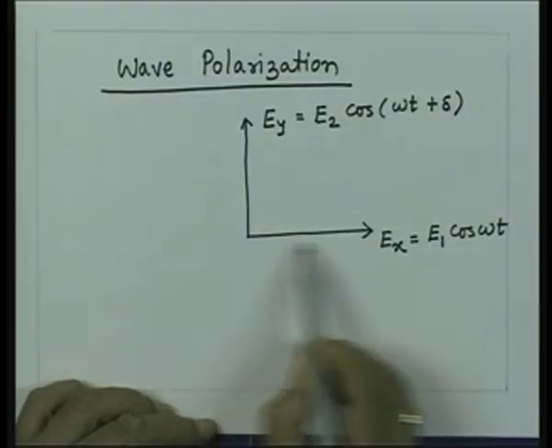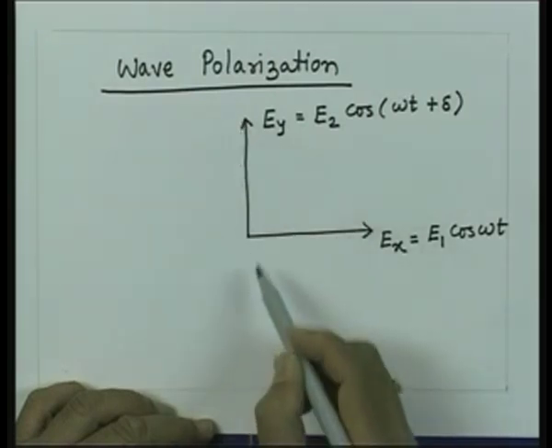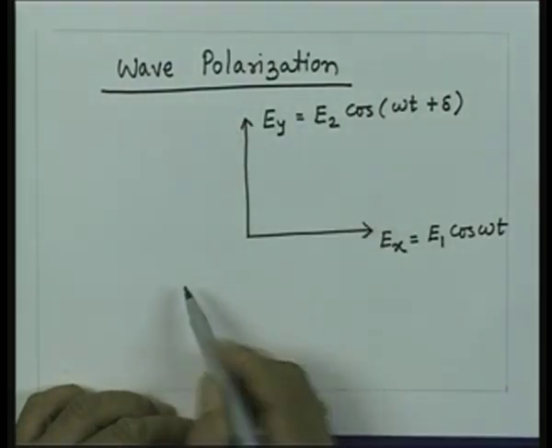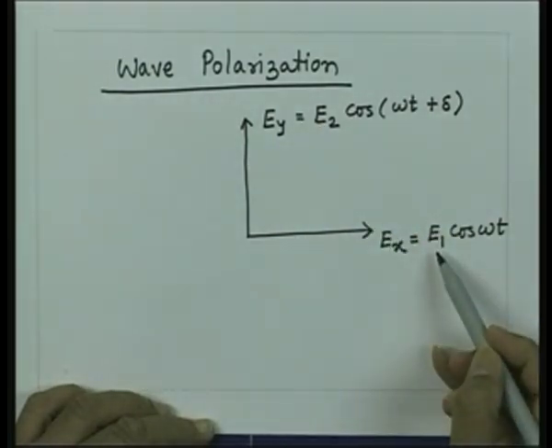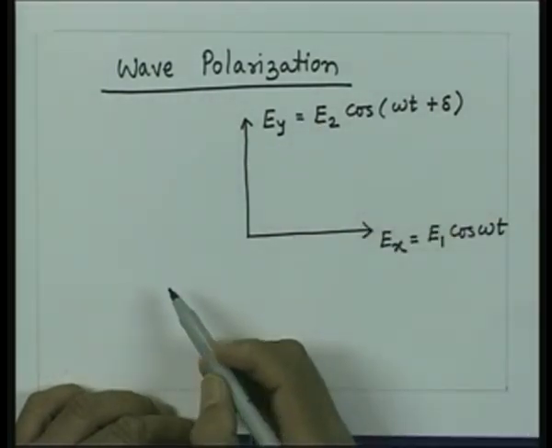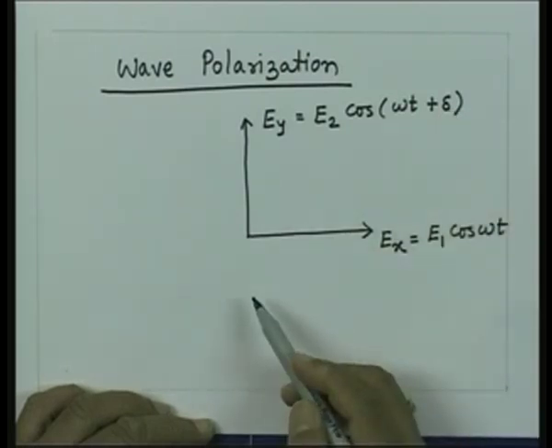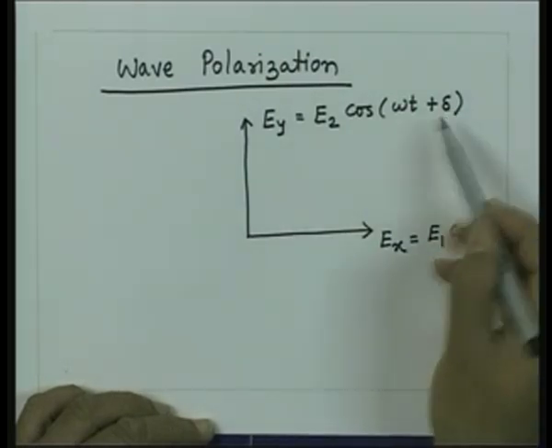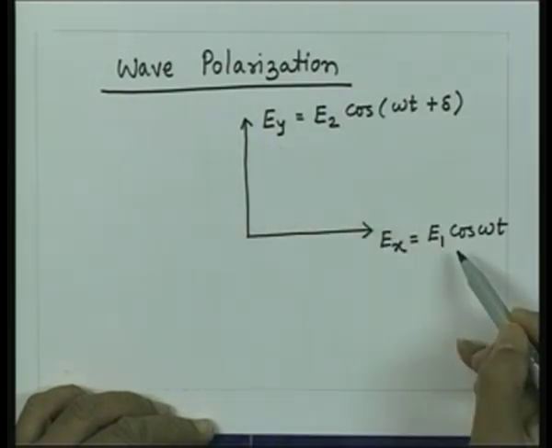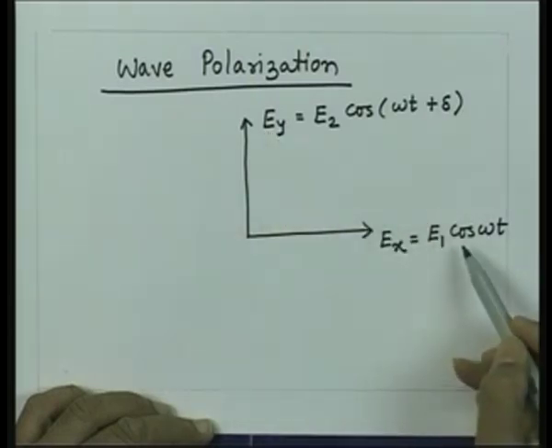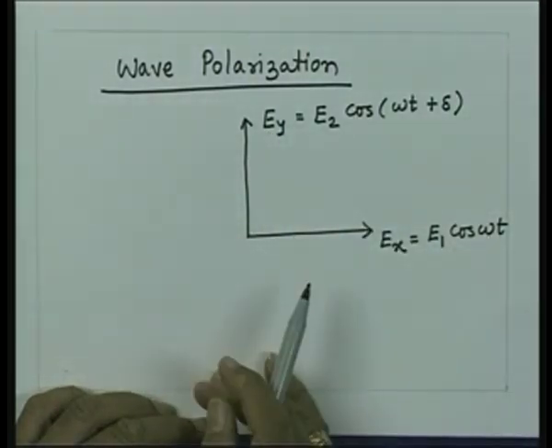So, now we are having two fields which are oriented in two directions, x and y directions. They have different amplitudes E1 and E2, and they may have a time phase difference which is delta. If delta is positive, then this field is leading with respect to this, and if delta is negative, this field will be lagging with respect to this.